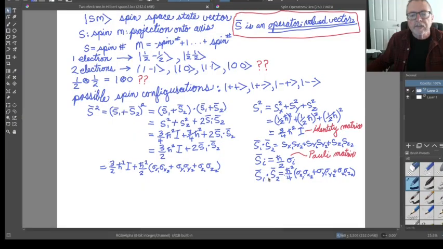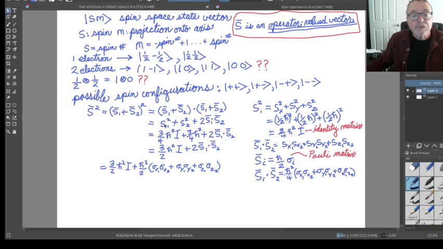So if I take the dot product of these two, then what I do is I multiply the matrices for each of the different components together. And this h bar over 2 becomes h bar squared over 4. And now what I'm going to do is take all of this stuff and plug it in over on this equation over here.